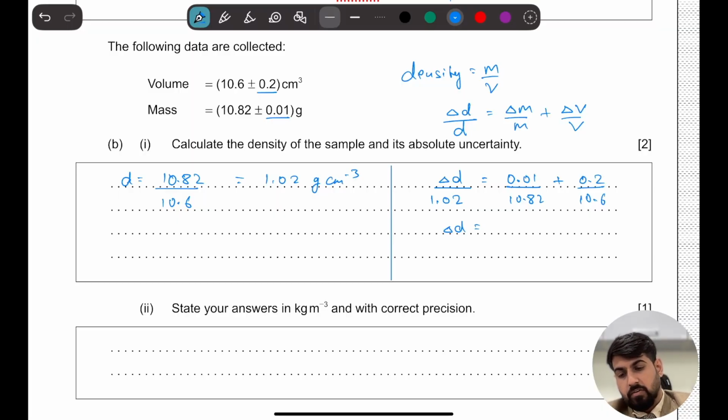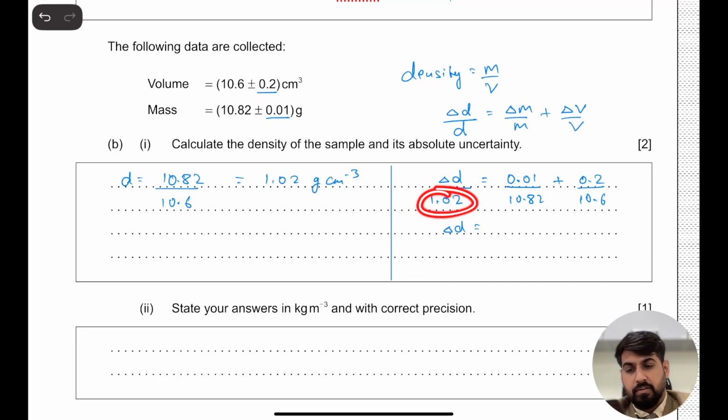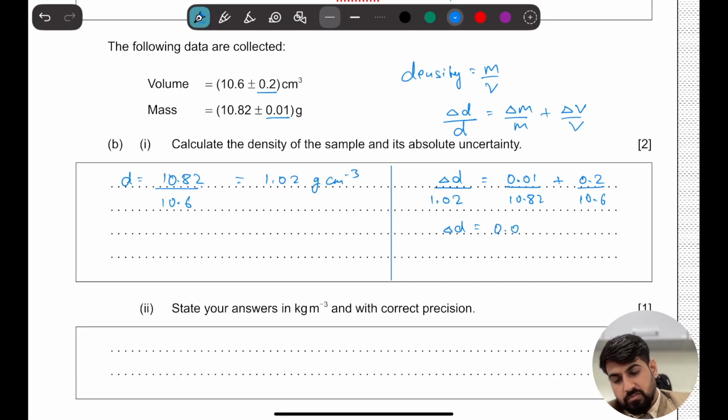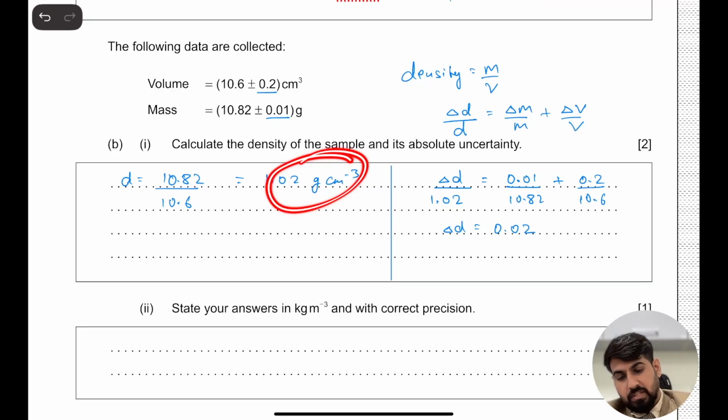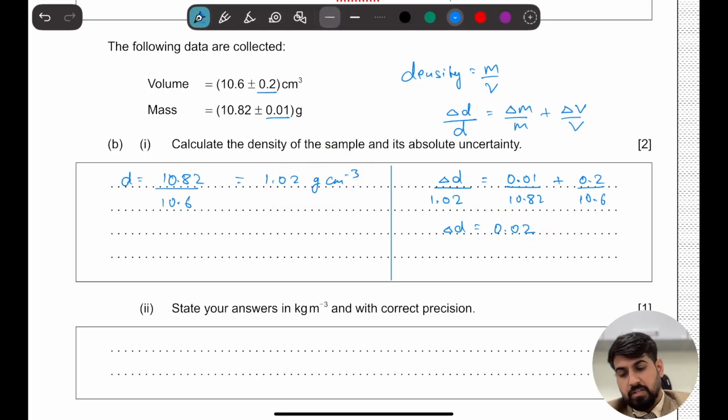Now don't forget to multiply this with the density, times 1.02. Yeah, so I'm getting 0.0201, so you can say 0.02. So that's the answer. So 1 mark for this and 1 mark for the unit, which will be gram per centimeter cube, because density is measured in that.